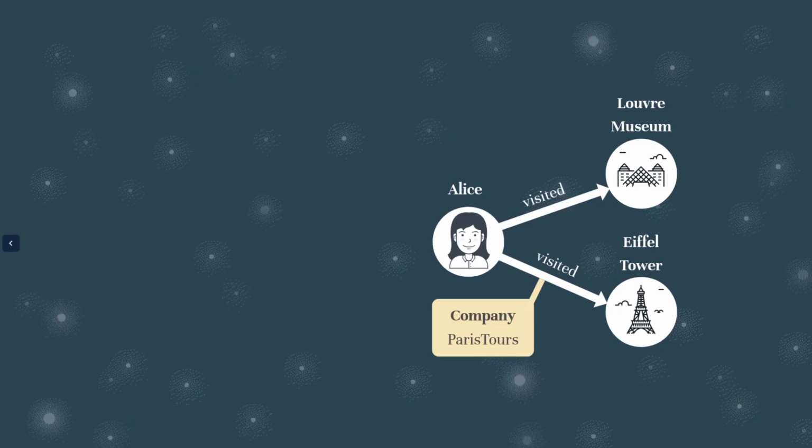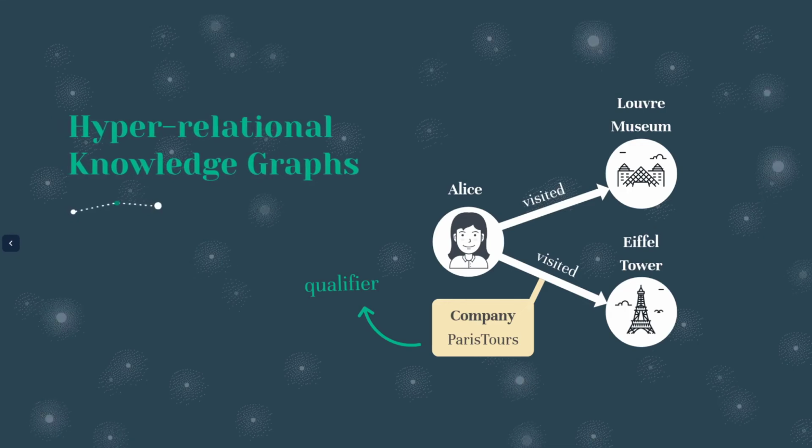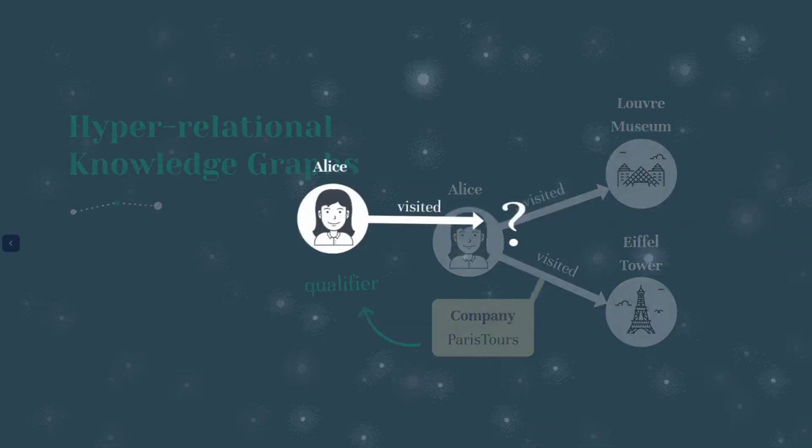These additional details that we can attach to statements are known as qualifiers, and knowledge graphs containing them are called hyper-relational knowledge graphs.